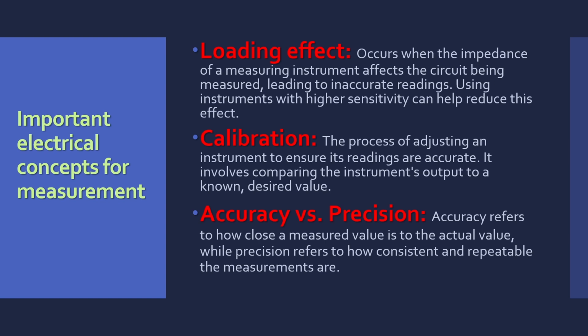So if your instrument is repeatedly measuring the correct value, then it is precise on the measurement. It has a good precision. Accuracy, if your instrument is very close to the correct value of the measurement, then it is called a very accurate instrument. So that is it.